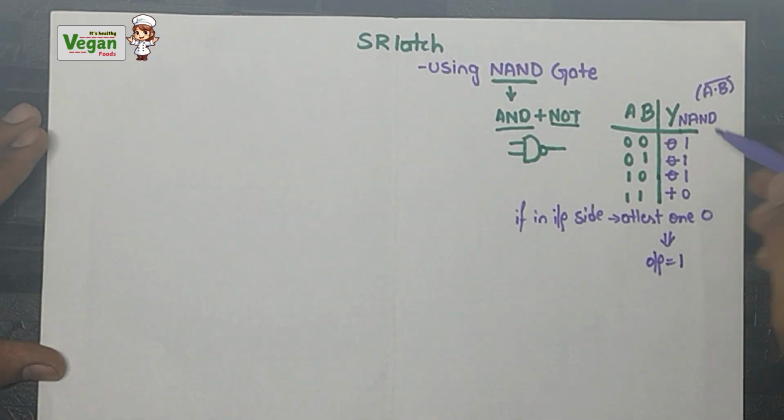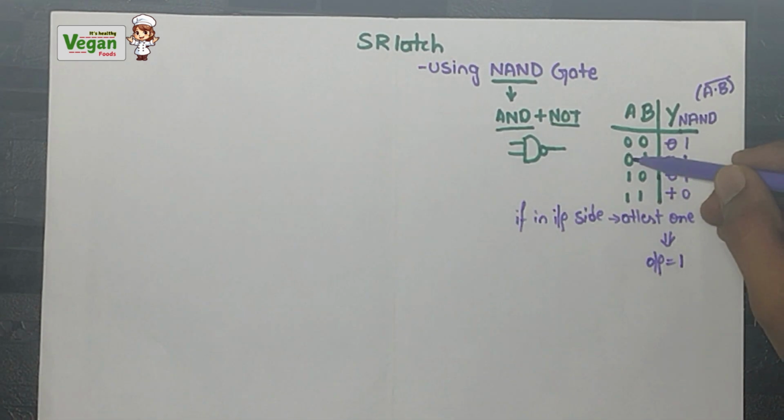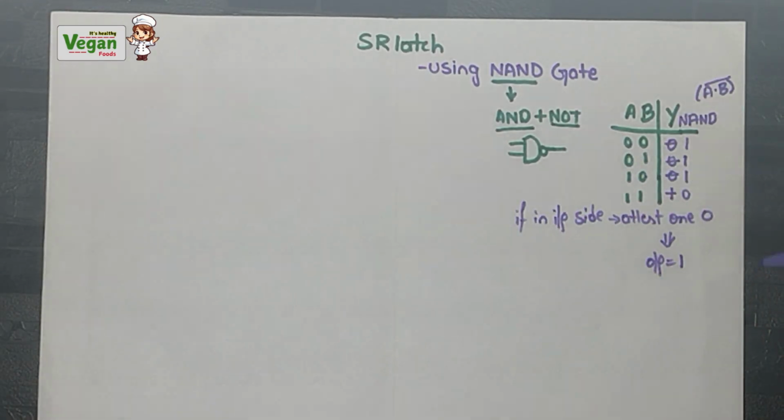See, 0 0, output is 1. 0 1, 1 0, output is 1. For 1 1, there is no 0, so the output will be 0. If on the input side at least one 0 is present, then the output will be equal to 1. So using this concept, let's design the SR latch.